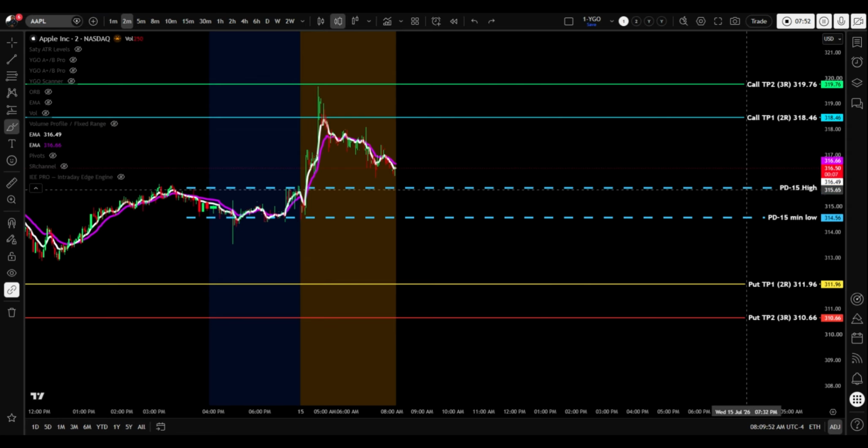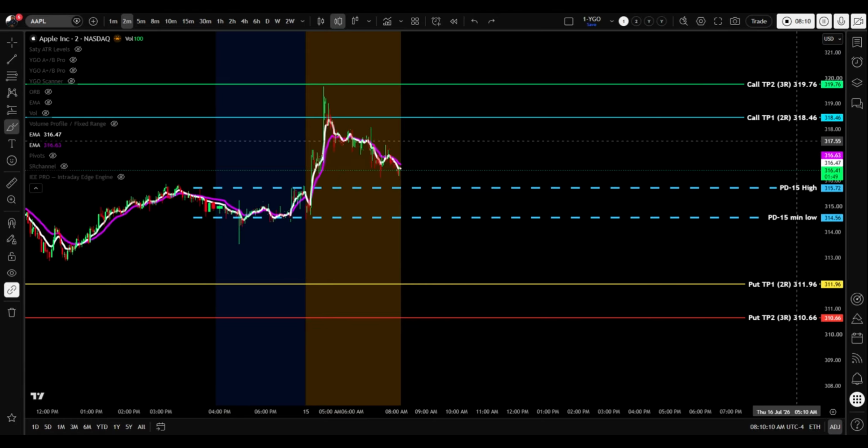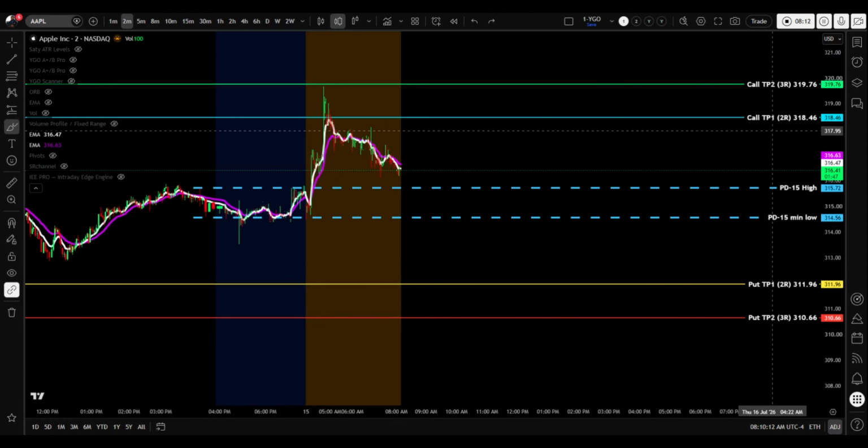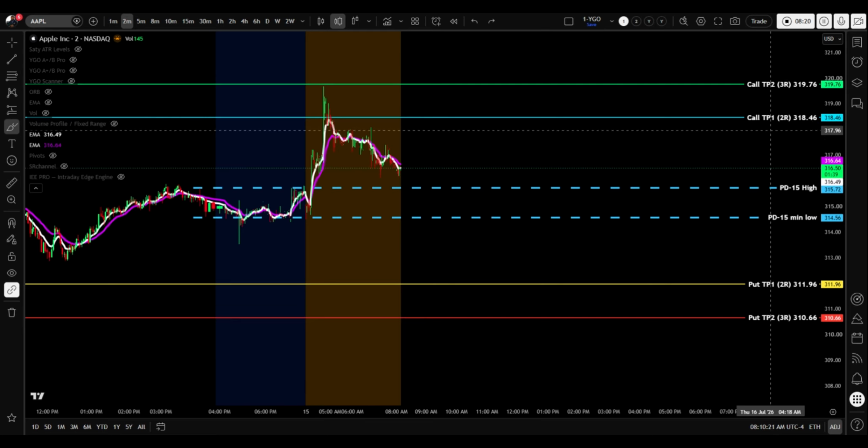For calls, I need price to stay above the PD 15 high at 315.72. I just want to make sure we got this locked down, and it gives me a clean retest with confirmation and volume. Then I'm watching for the upside to 318.46, which is my first TP, my 2R, twice the reward.